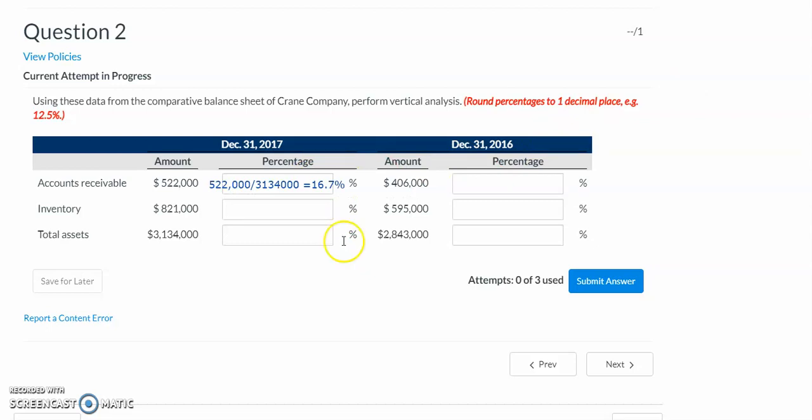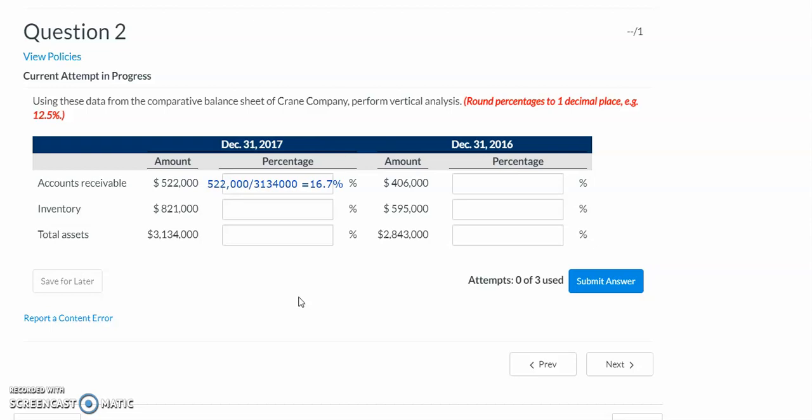And the main purpose of this analysis is to see where there have been differences from one period to another in the composition of your total assets, your total liabilities, or your equity. To understand that if there is, for example, an increase in accounts receivable as a percentage of your total assets, you would want to investigate why we have most of our total assets tied up in accounts receivable and are not able to collect as much from our customers.